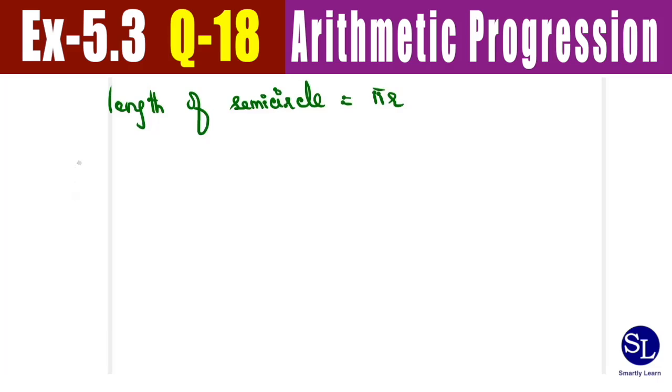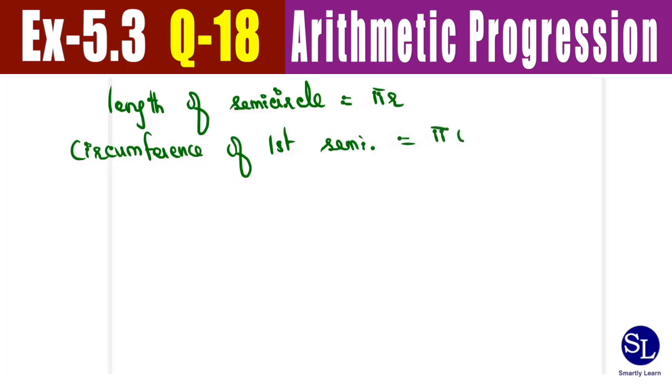So let's calculate the length of the first semicircle. The first semicircle is going to be equal to pi into 0.5, because that was given to us as the radius. The second semicircle is going to be pi into 1.